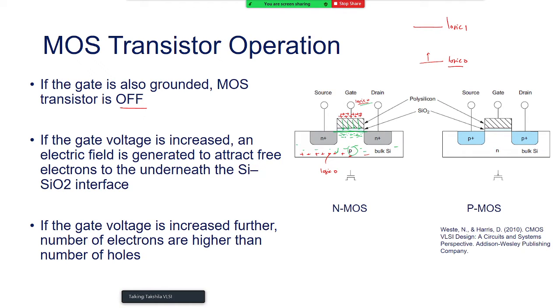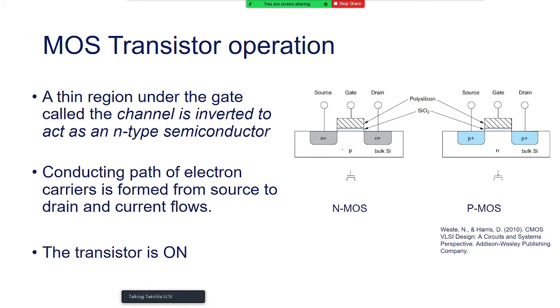So we say that the number of electrons is higher here than the number of holes, and we say that the channel is inverted. Under this thin region, now you have a lot of electrons because of the positive voltage. So this portion has become N-type semiconductor from P-type.